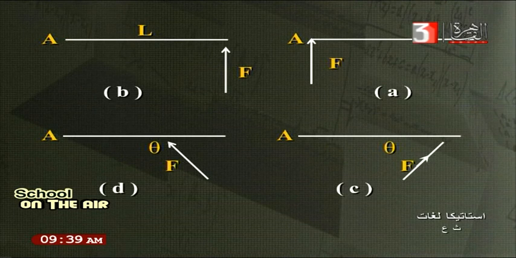Figure A, the force is perpendicular, from the left. Figure B, the force F is perpendicular, from the right. In figure A, the force passes through point A. In figure B, the force is perpendicular to the line at a distance L from point A. In figure C, the force F is inclined with an acute angle theta.